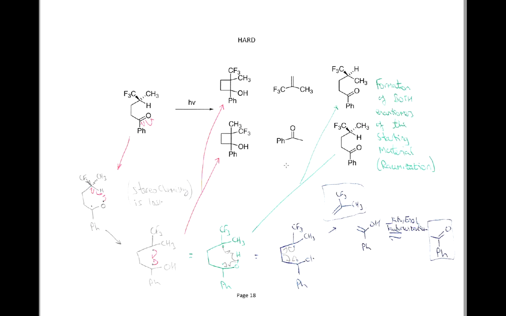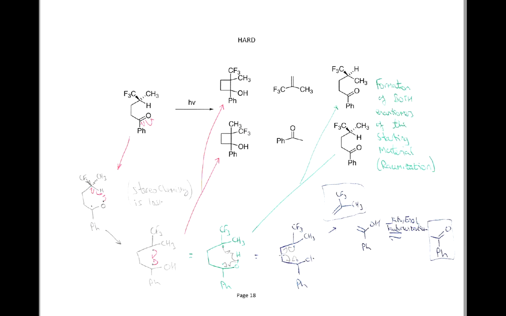The last pair of products are in the middle, as described in blue. So again, same intermediate. What we have here is that our radicals are now doing a cleavage.